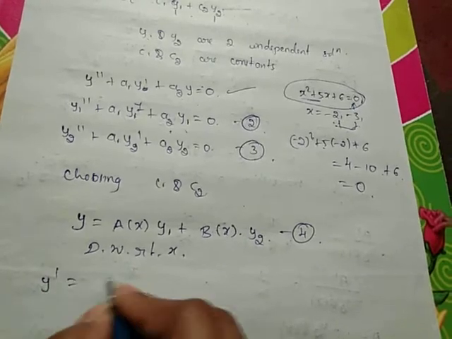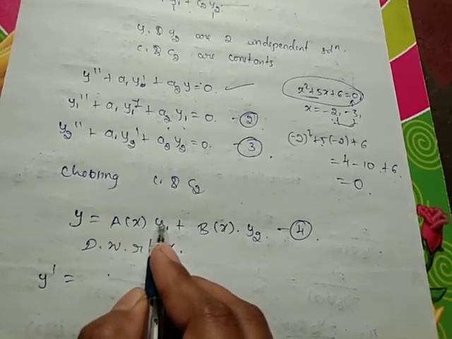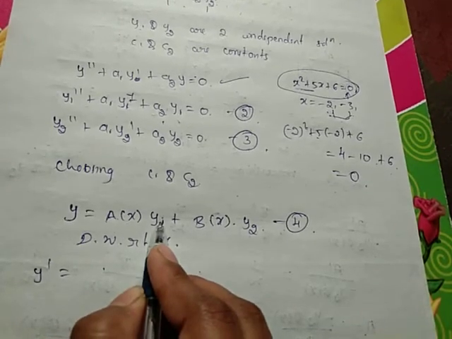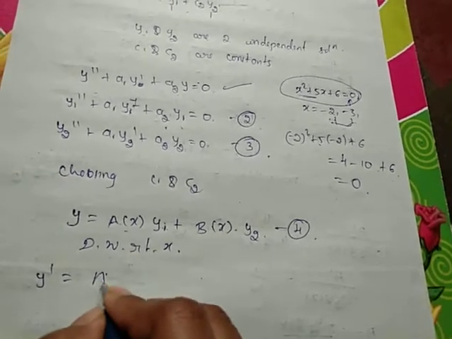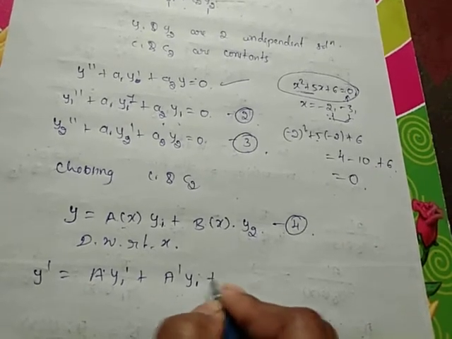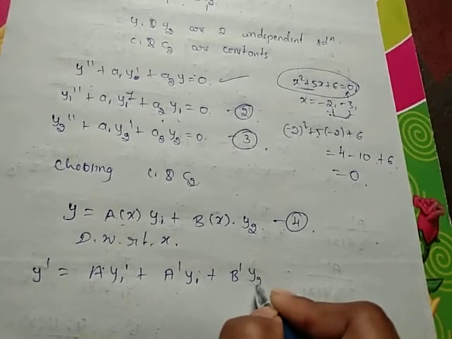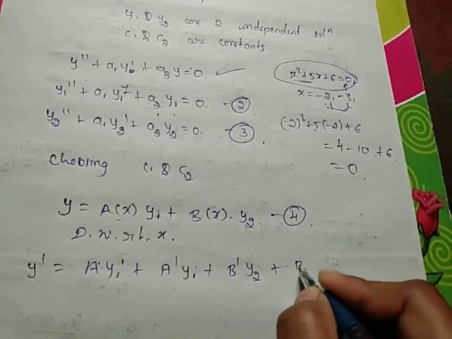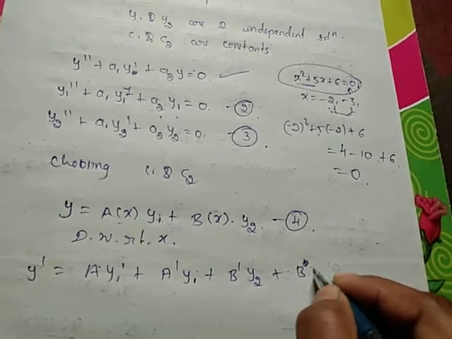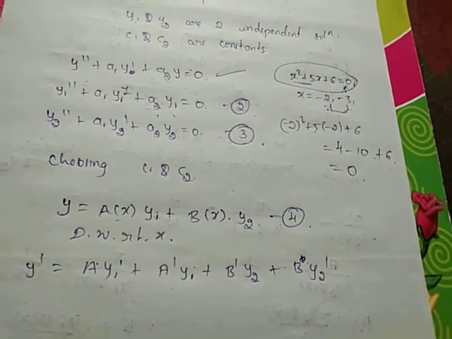So then y dash equals, a and y1 both are functions of x, so differentiation will be done with the formula u into v. A into y1 dash, a dash into y1, b dash into y2 plus b into y2 dash.